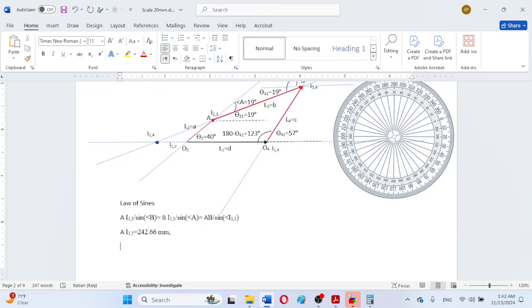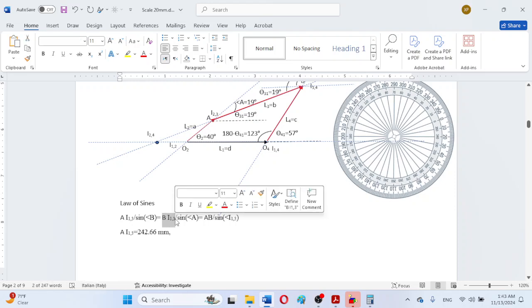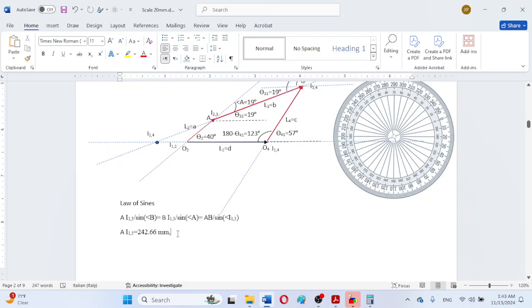And B I1,3 will be equal to 135.85 millimeter.